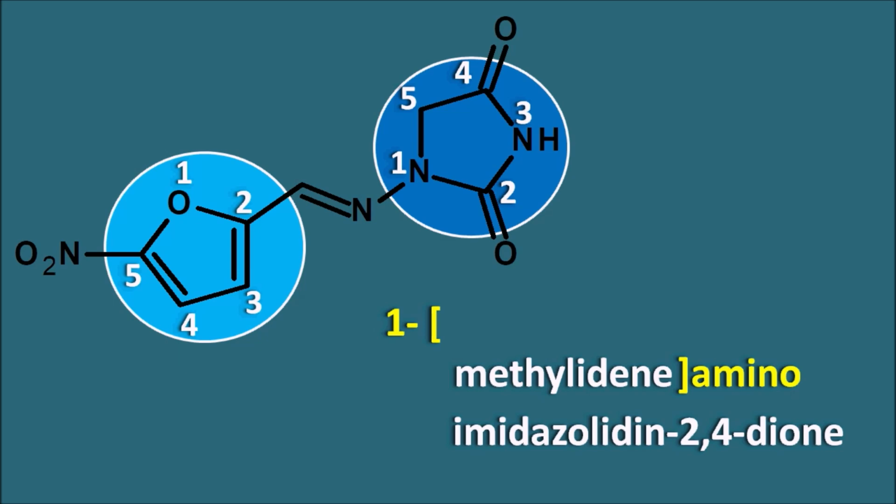And this methylidine is attached to a 5-nitrofuran ring system by its second position. So we can fill the space as 5-nitrofuran-2-yl. So that is the name of nitrofurantoin: 1-[(5-nitrofuran-2-yl)methylidene]amino-imidazolidine-2,4-dione.